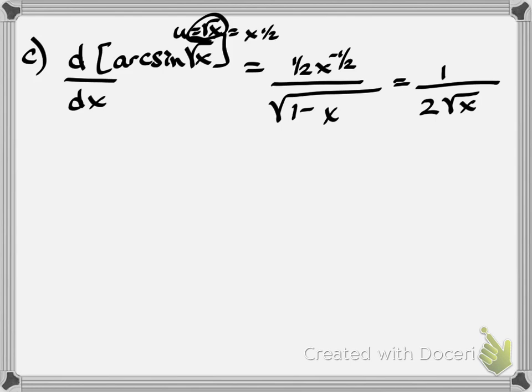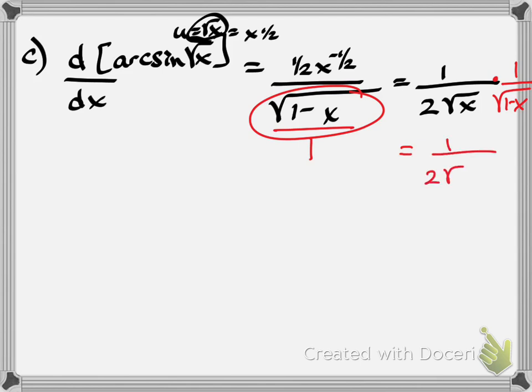Now, if I were to take this, put it over 1 so I can flip it and multiply, it would also be in the denominator. So it would be 1 over 2 square root of x, square root of 1 minus x. Oh, and we can distribute across those square roots. So we'll call that 1 over 2 square root of x minus x squared.